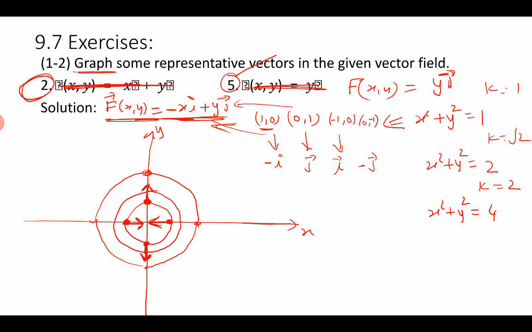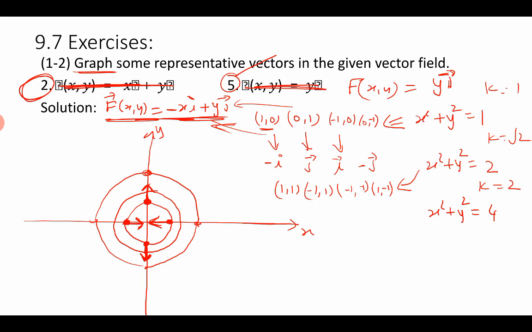Okay, now we have done 4 vectors. Second circle, we will go for the second circle. Take 4 points on the circle which are easy to calculate: 1 comma 1, negative 1 comma 1, negative 1 comma negative 1, and fourth x is positive, y is negative.